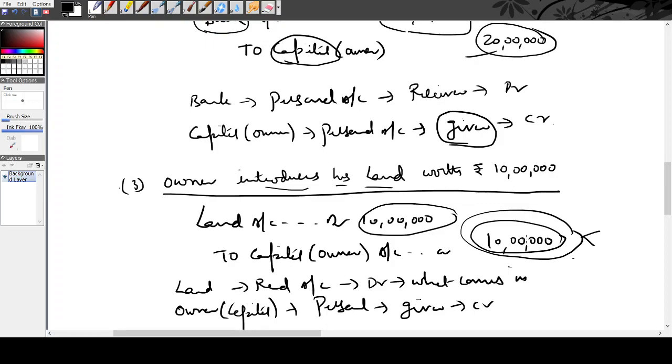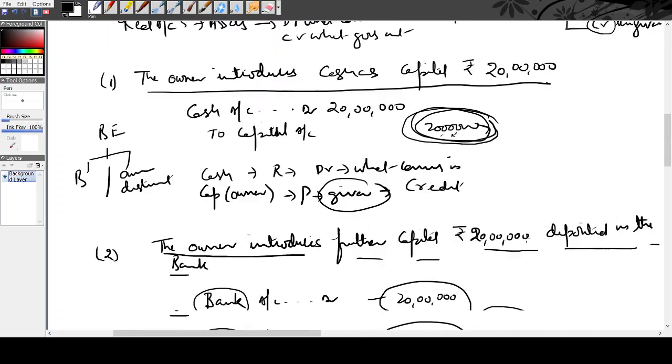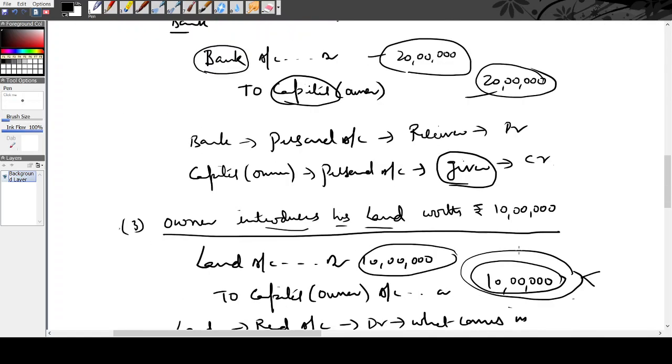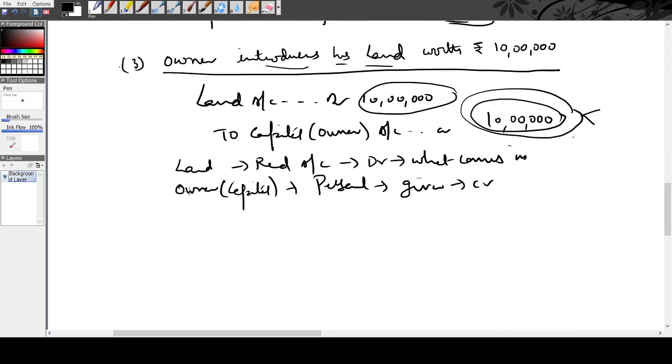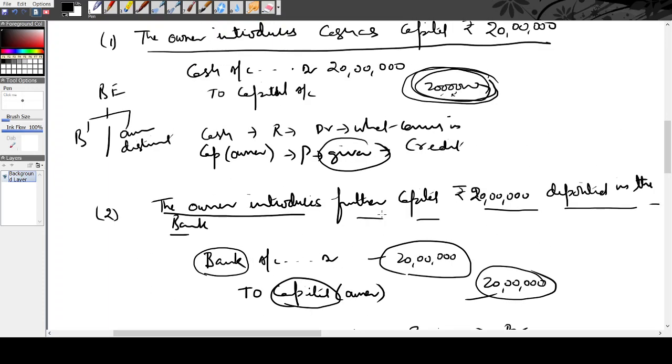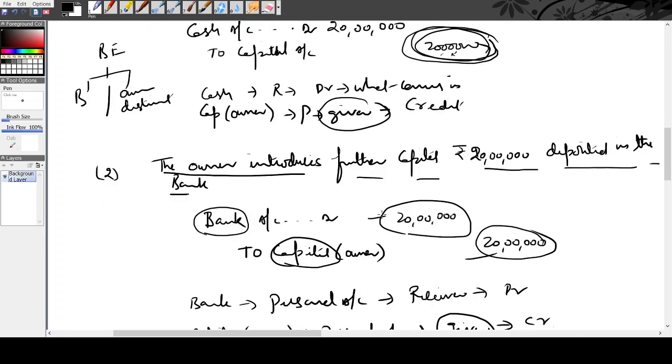So now, using these 3 journal entries, if we prepare a simple capital account, now capital account is nothing but a capital ledger account. Capital account, if I am preparing in the ledger, it will have 3 entries in it. If you observe, in the first entry, the owner introduced 20 lakhs as capital in the form of cash.